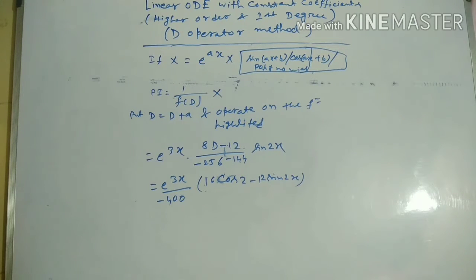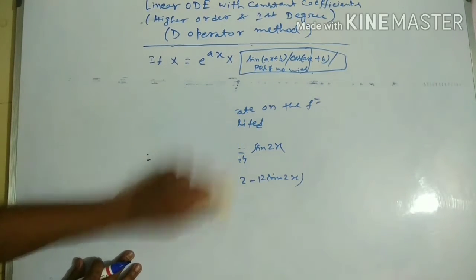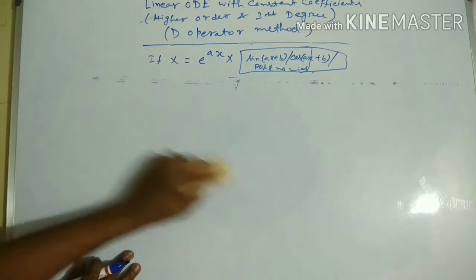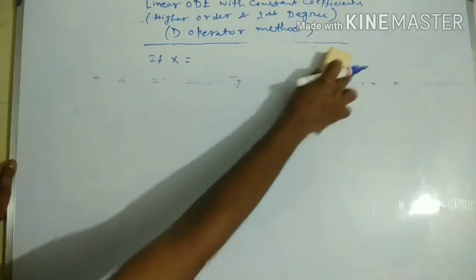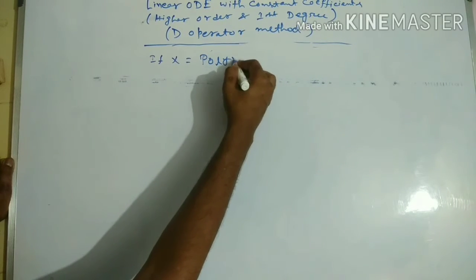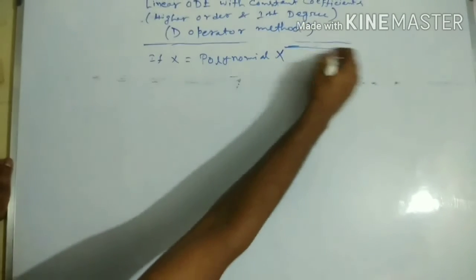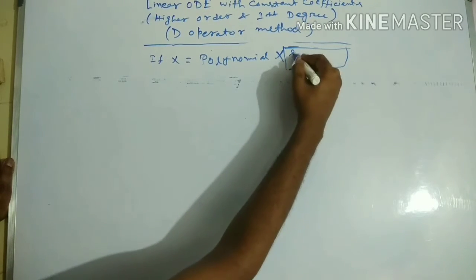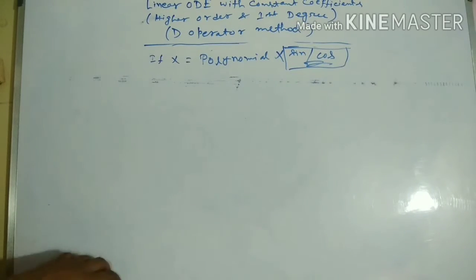Okay, the next case is if the right hand side function is the product of a polynomial and sine or cos function. So what method will we use?